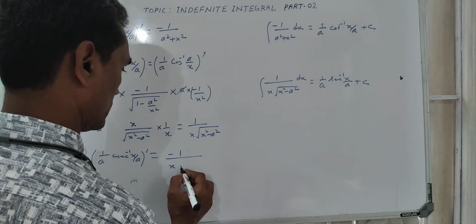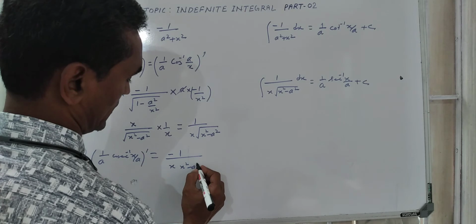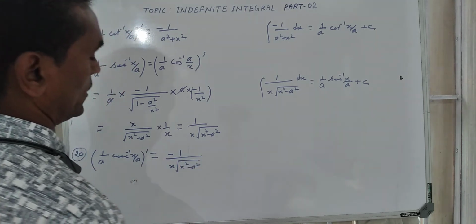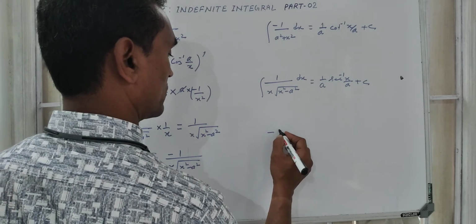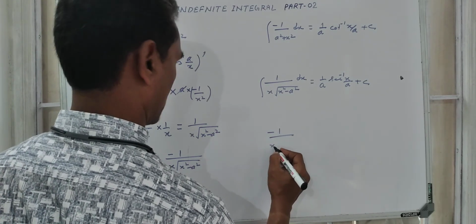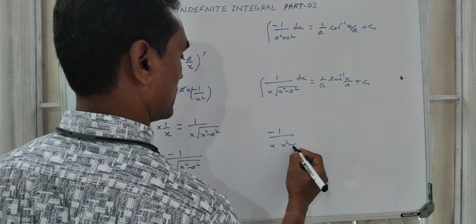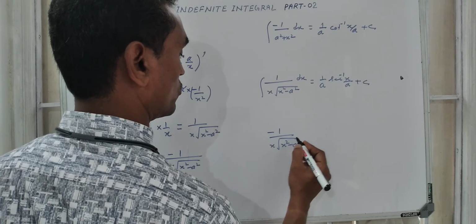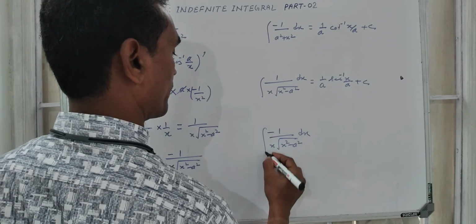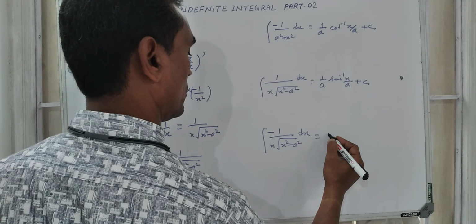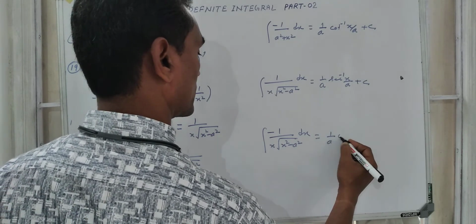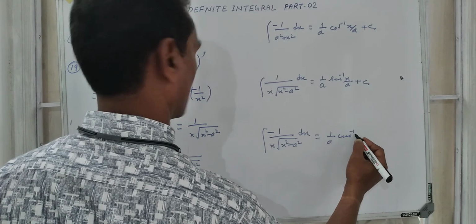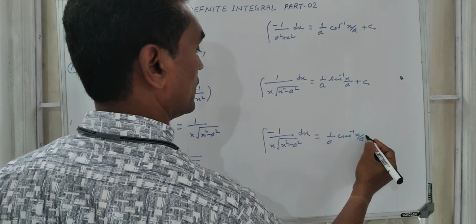So x into the square root of x square minus a square. So the integral of minus 1 by x into the square root of x square minus a square dx is equal to 1 by a cosec inverse x by a.